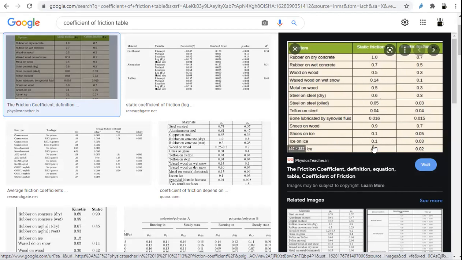Mostly these things are based on experiments, so you can take them as approximate numbers. It's not going to be exactly the same because it depends upon the surface. Not all rubbers are going to have the same surface roughness, so different rubbers will have different surfaces. But for approximate numbers, you can take it from some standards.